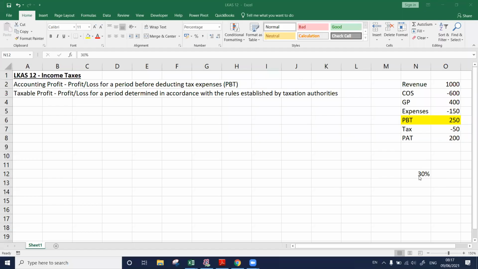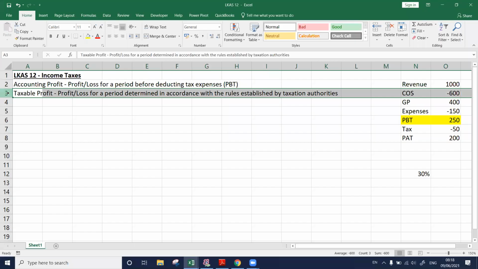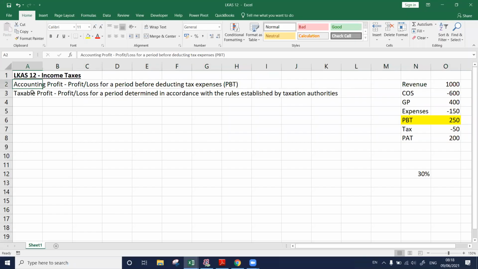If the tax rate given to us is 30%, it applies to the taxable profit, not the accounting profit. If we need to determine the tax expense, it is based on the taxable profit, right? So these are two different things, right?